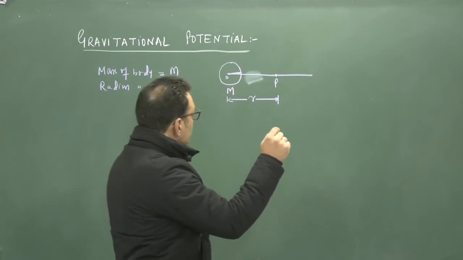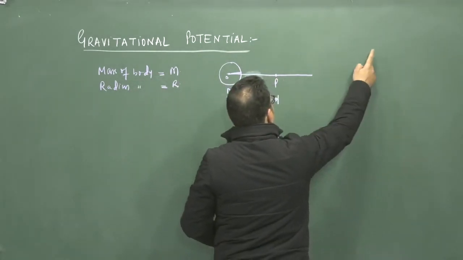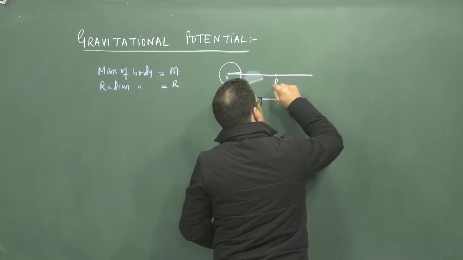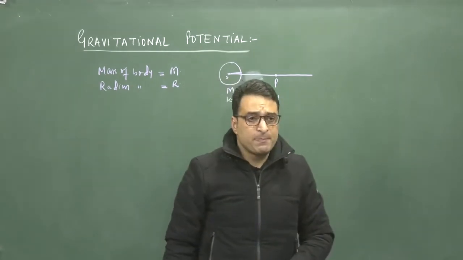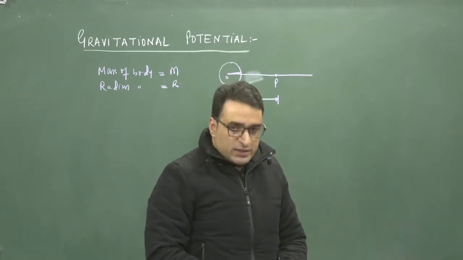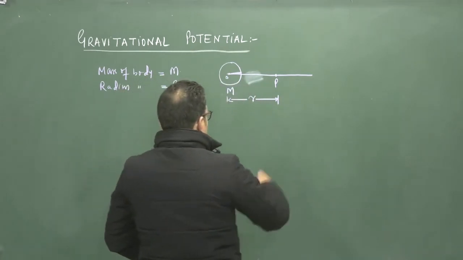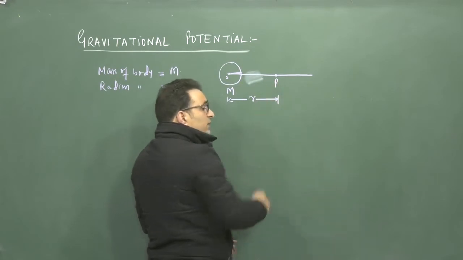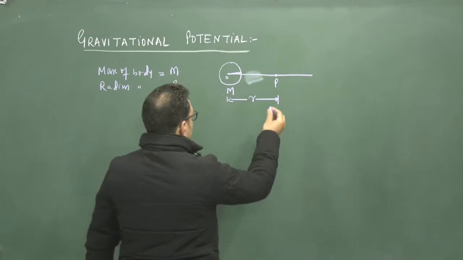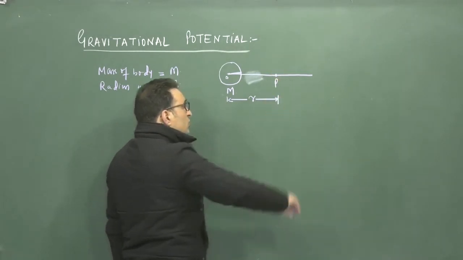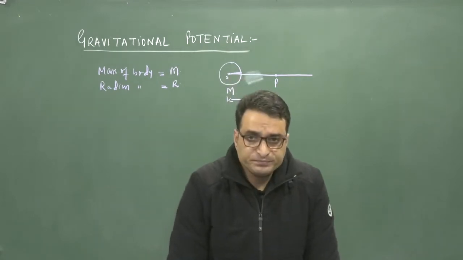To bring this body of unit mass from infinity to point P, which is at a distance of r from the center of the bigger mass capital M, we need to do work. That work done to bring the body of unit mass from infinity to the given point P is known as the gravitational potential at point P.